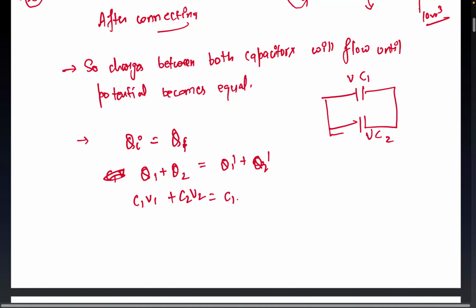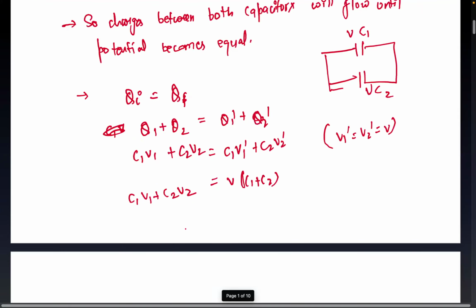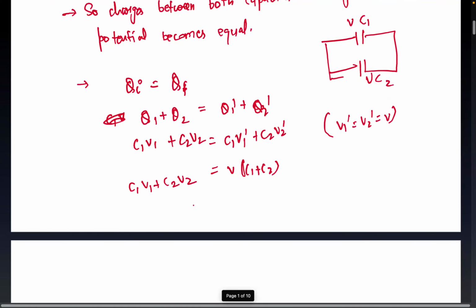So it will be C1 V1 dash plus C2 V2 dash, and V1 dash equals V2 dash, which equals V. So can I write V equals this? What is the final potential? That is C1 V1 plus C2 V2 divided by C1 plus C2. Is this clear till here?